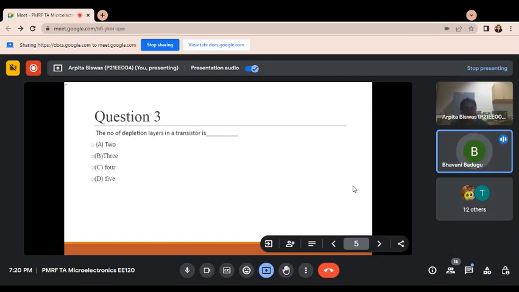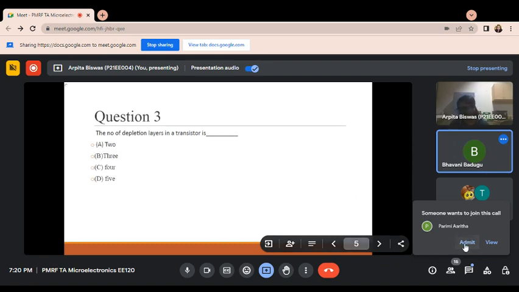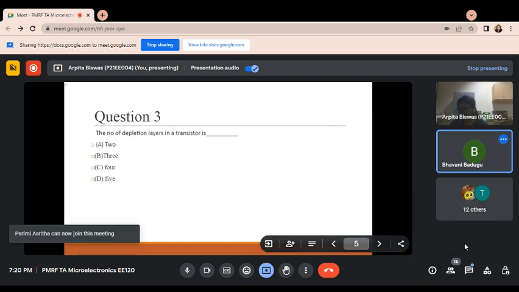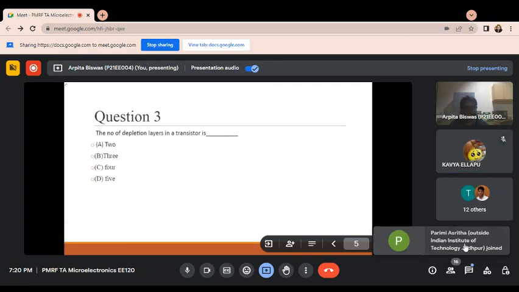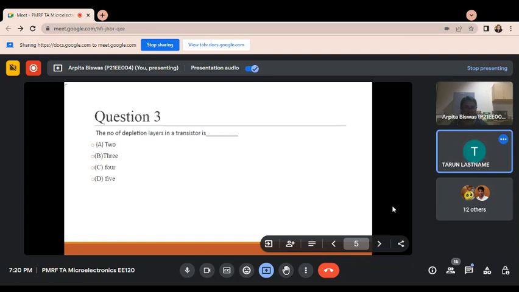One is the emitter and base junction, and the other one is the collector and base junction. Okay. Good. Tarun, what is the right answer? Ma'am, option A, 2. Okay.